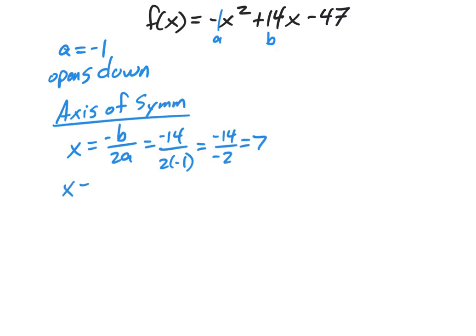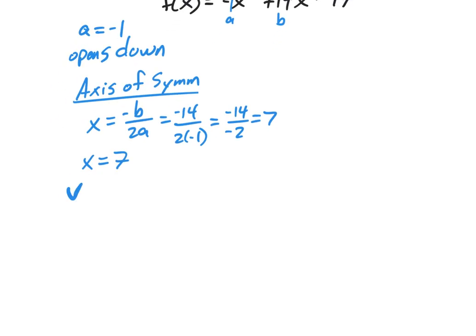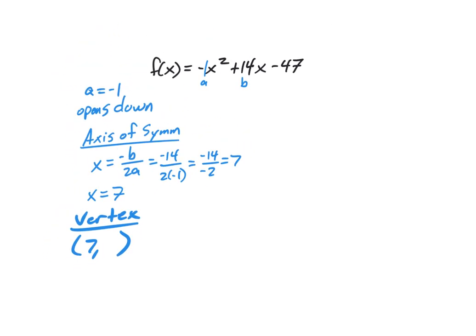So my axis of symmetry would be x equals 7. And you might even just say, I'm going to go right to my calculator, and I'm okay with that, okay? I'm just showing you how you could do it by hand and get that number algebraically rather than relying on your calculator to do everything.